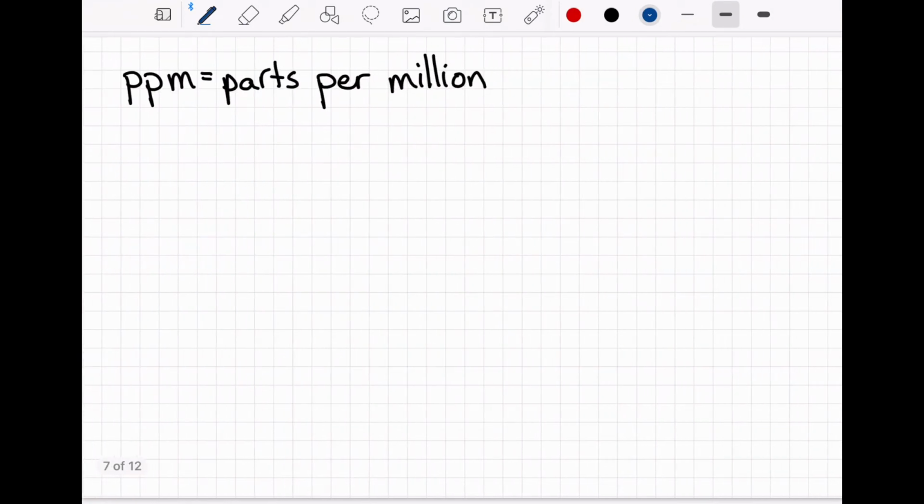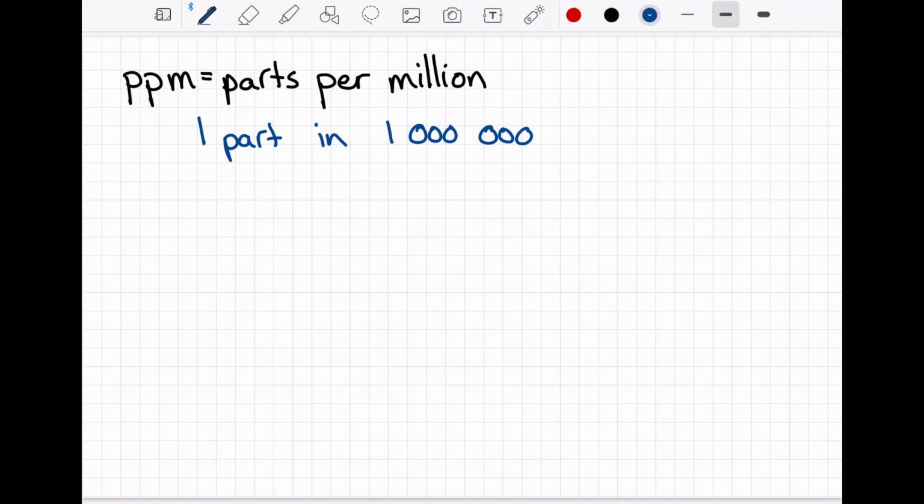So another interesting one is parts per million. And this looks very different than grams per liter or other concentrations, but it's just a convention that people have been using for a long time. So where does it come from? Okay, so 1 part in 1 million. Okay, so what does that mean?